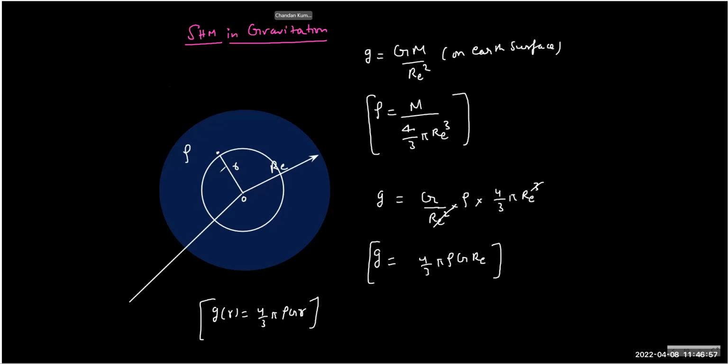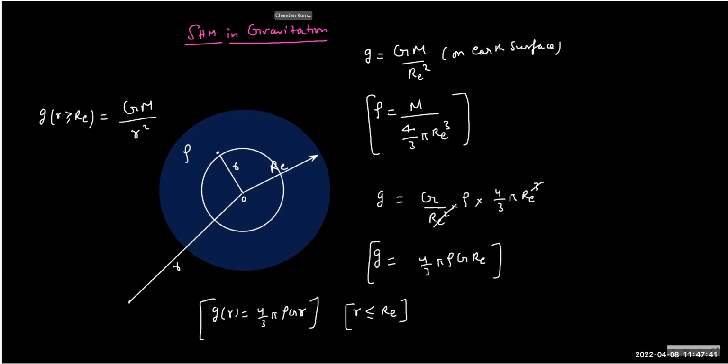So for anything beyond the Earth, g will have a different formula. The earlier formula is only true for this domain. But if r is more than or equal to re, that is beyond Earth, the formula becomes GM by r square. Therefore the r will matter.